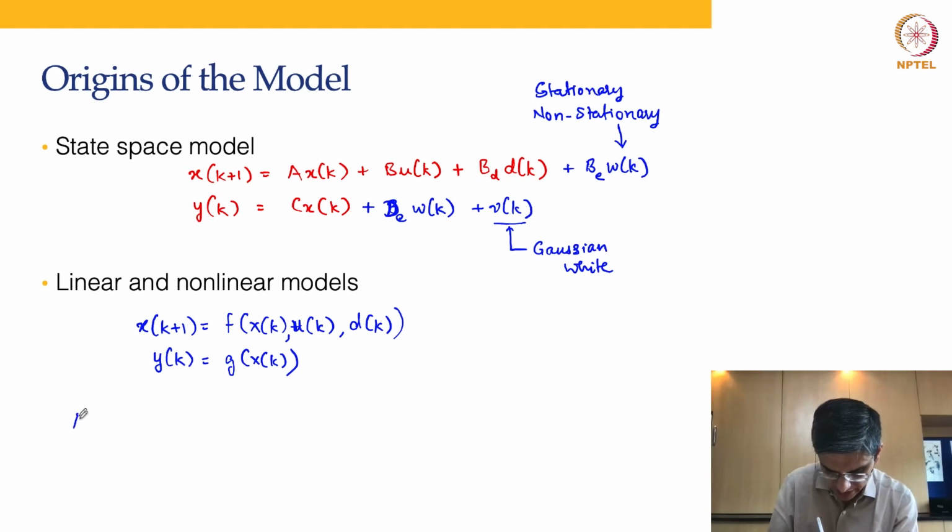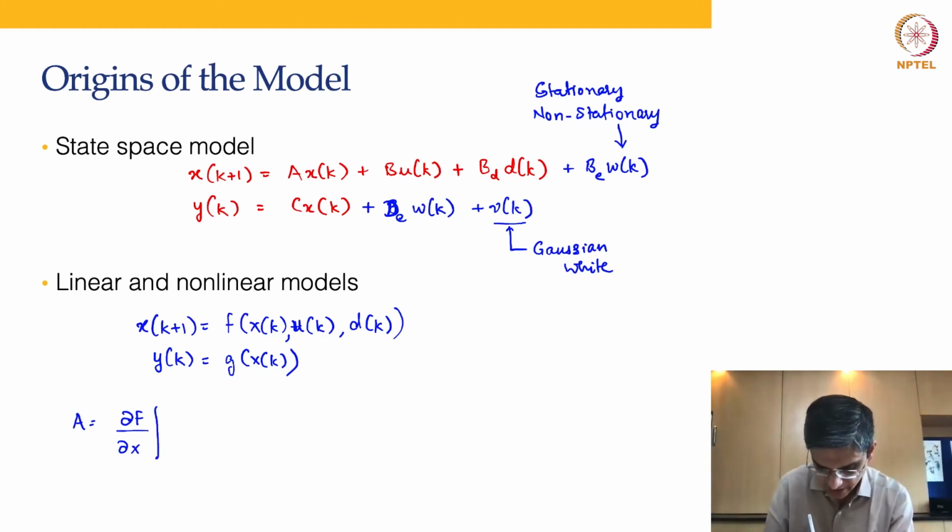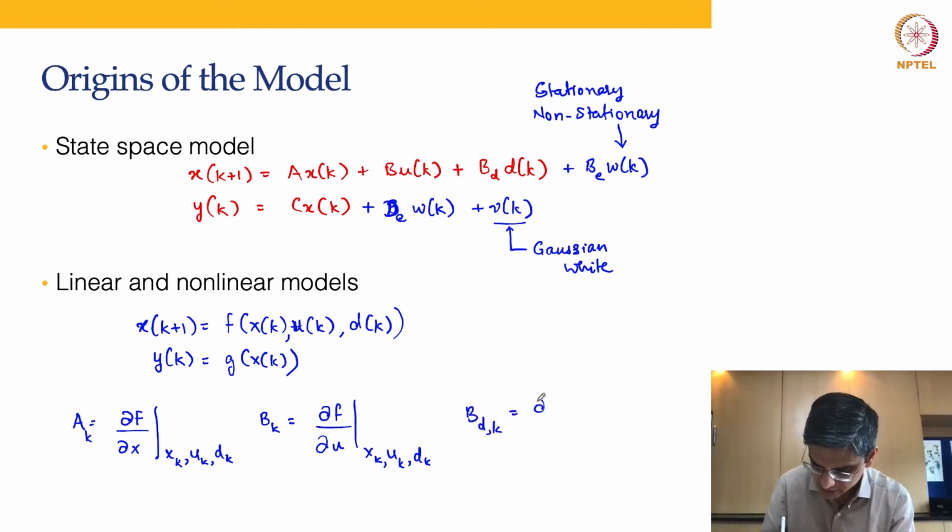Now our matrix A is going to be nothing but the partial derivative of f with respect to x calculated at some value, let's say x_k, u_k, d_k, and that will be our A_k. Our B_k is going to be df/du at x_k, u_k, d_k, and we will have B_dk as the partial of f with respect to d calculated at x_k, u_k, d_k.